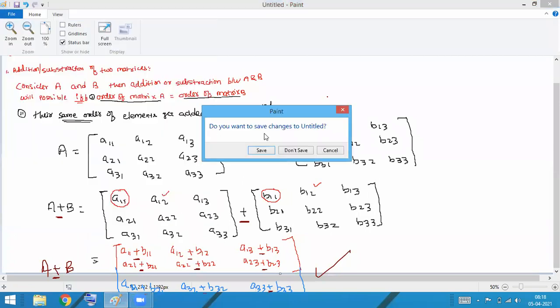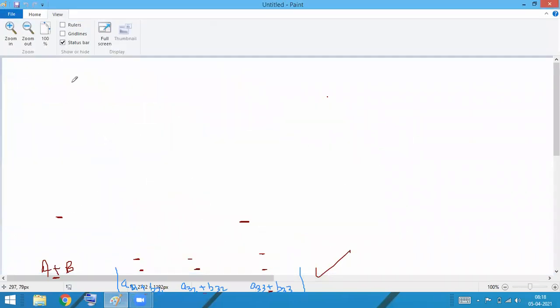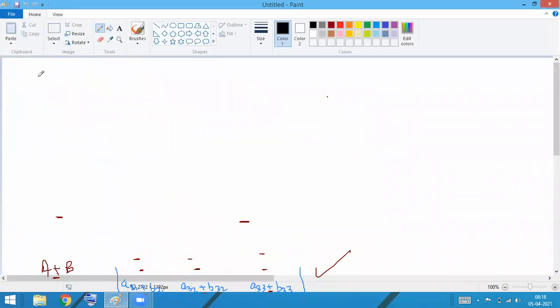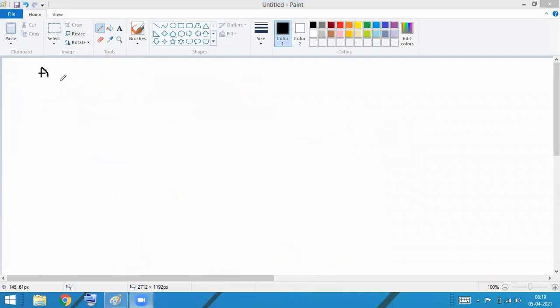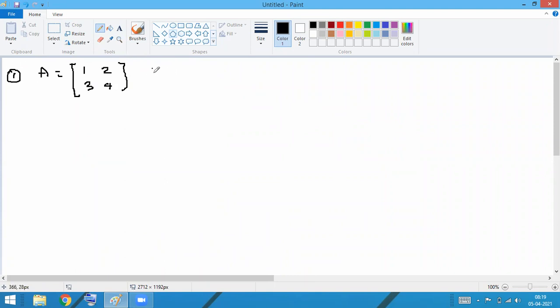Okay guys, so you have to solve two examples on the basis of the same concept. Suppose first we have A equal to 1 2 3 4, this is the first example, and here matrix B is given as 1 0 minus 1 2.